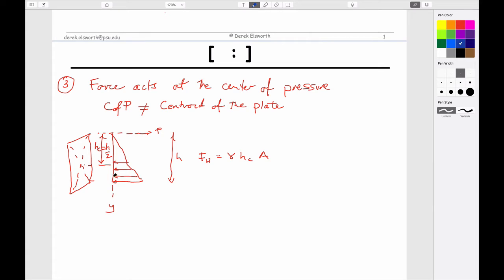But the resultant force acts, for this triangular distribution, at a depth of 2/3 H, and 1/3 H from the bottom.